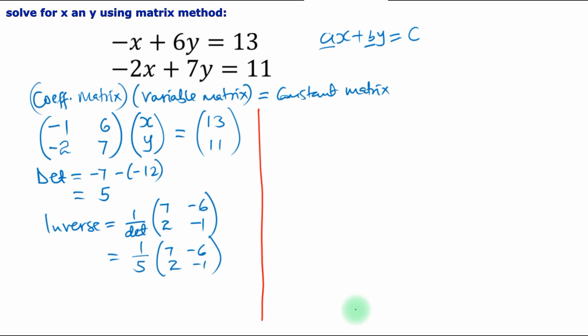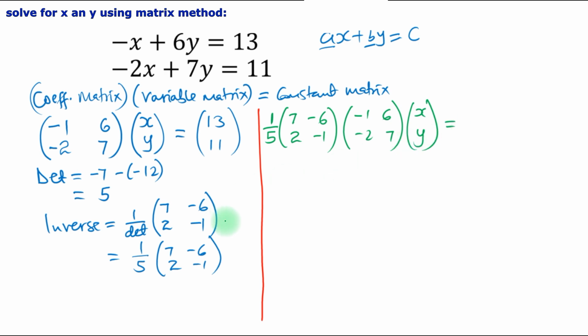So let me start with the inverse, 1 over 5 times the matrix 7, minus 6, 2, minus 1, then we multiply by the matrix equation, minus 1, 6, minus 2, 7, multiplied by x, y, will be equal to, again on the right hand side, we pre-multiply by the inverse matrix, 1 over 5 multiplied by 7, minus 6, 2, minus 1, then multiply by the constant matrix, 13, 11.